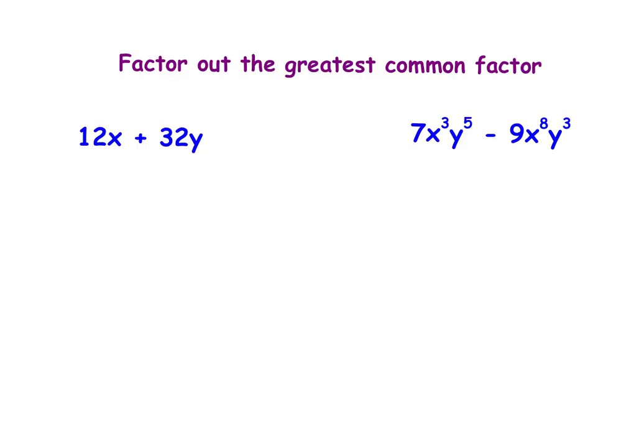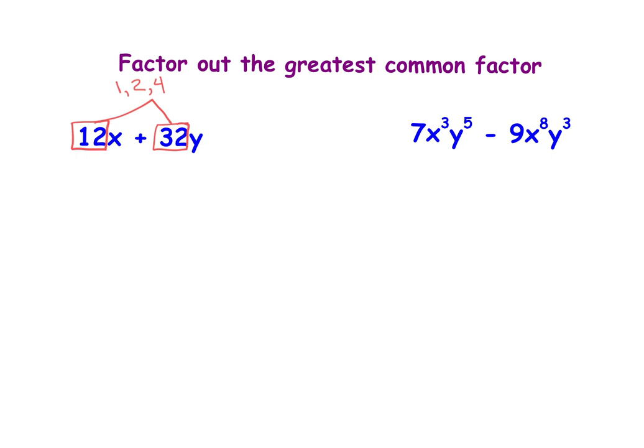So there are two things that we need to keep in mind when we're factoring out the greatest common factor. The first is we are looking for the largest number that both of the numerical components in that expression, or all three, or however many terms you have, are divisible by. So for example, 12 and 32 can both be divided by 1 evenly, they can be divided by 2 evenly, and they can be divided by 4 evenly.